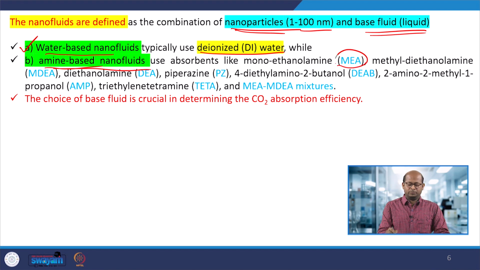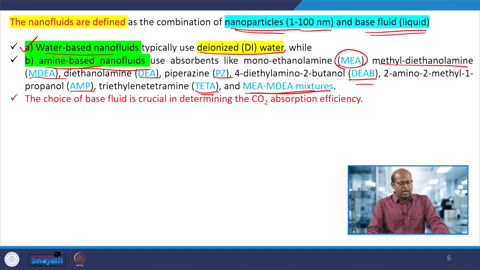Here, methyl diethanolamine, monoethanolamine, diethanolamine, piperazine, DAB, AMP, or mixtures, maybe MEA and MDEA mixtures, we can use as fluids for mass transfer operations or CO2 separations.